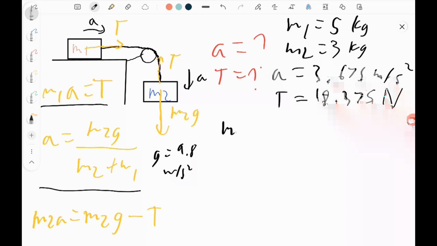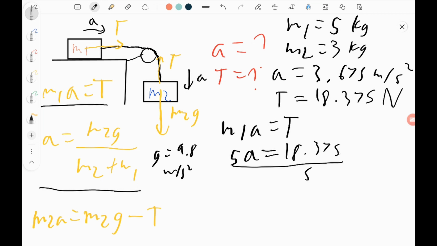So we said that M1A is equal to T, which means that 5 times A is equal to 18.375 newtons. So if we divide by 5 here, we end up with A is indeed equal to 3.675 meters per second squared. So A here is to the right, and it's 3.675 meters per second squared as we defined it to be in the beginning.